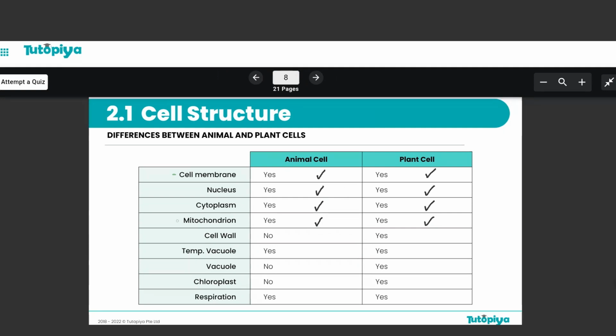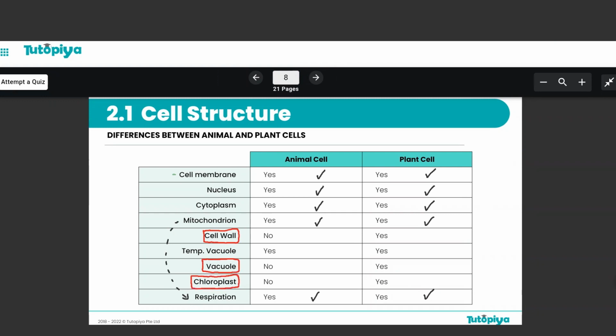Now, when we learned about the mitochondria, we learned that the function of the mitochondria is to carry out respiration and provide energy, right? So both animal cell as well as the plant cell carried out this process of respiration. And then we also learned about the structures, the cell wall, the vacuole, and the chloroplast.